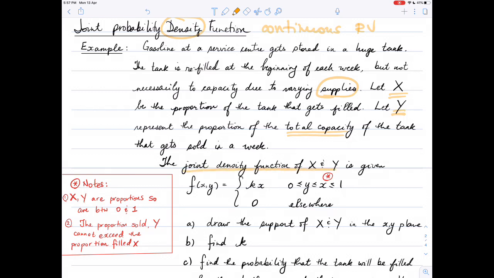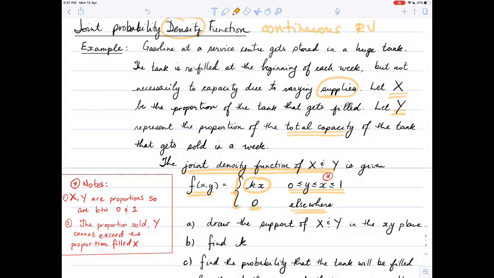The way that these variables vary together is given by this joint density function here. f of x, y is k times x over this region. We're going to explore that in just a second, and 0 elsewhere.